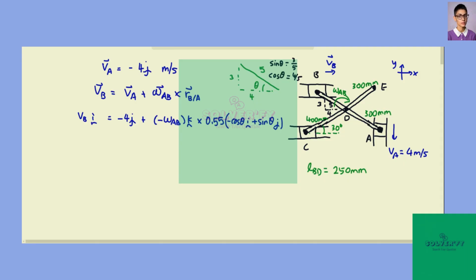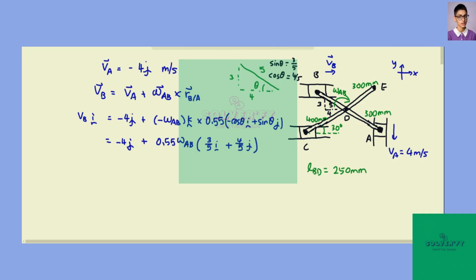So this is minus 4j plus 0.55 omega AB. Okay, so k cross minus i, we get j, and cosine theta is 4/5 j, and then minus k cross j is plus i, so we have 3/5 i.